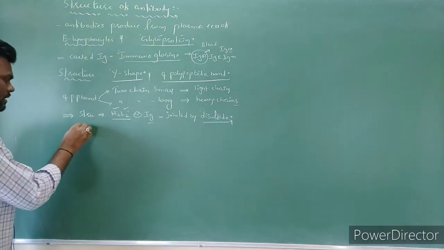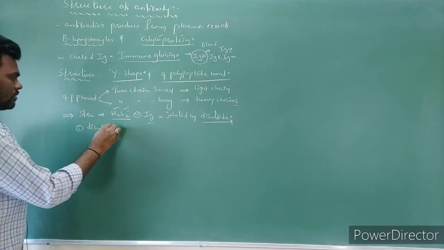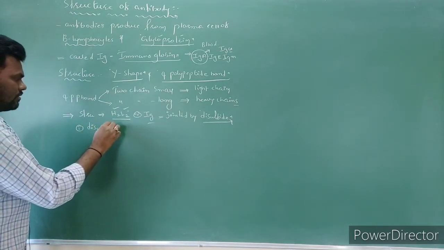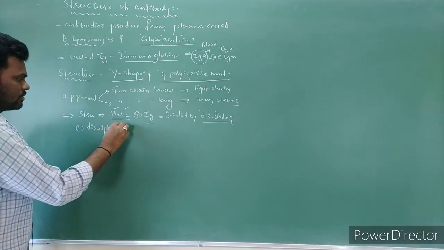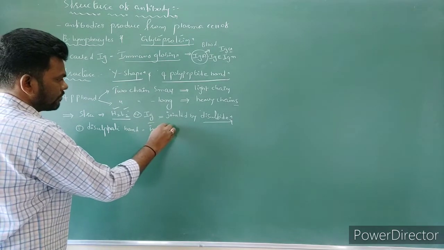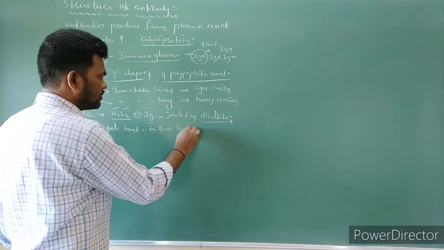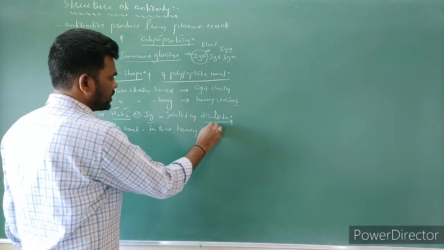The question is: which of the following statements is correct regarding antibody structure? First option, these disulfide bonds are present between heavy chain to heavy chain.